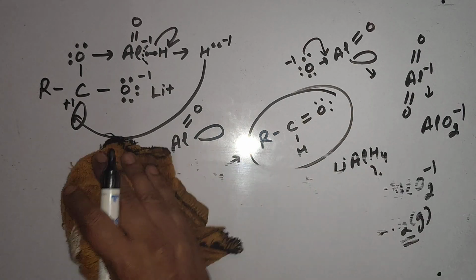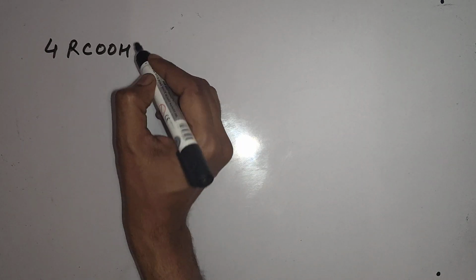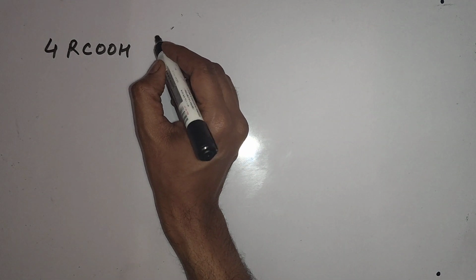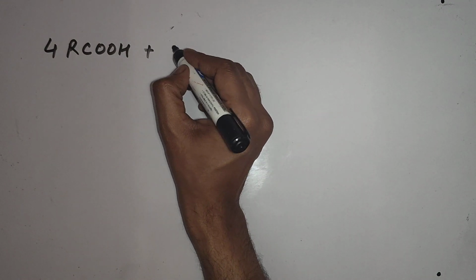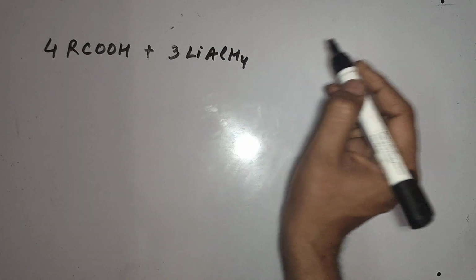Now in the balanced equation, we will use 4 carboxylic acid particles. We have done right now, 2 particles of carboxylic acids are reduced by 1 particle of lithium aluminium hydride. So here total 3 lithium aluminium hydrides will be utilized.